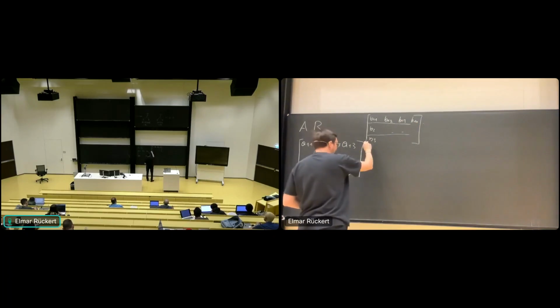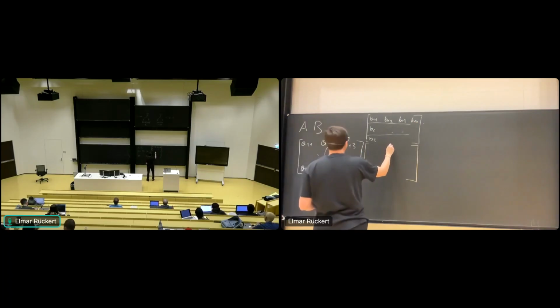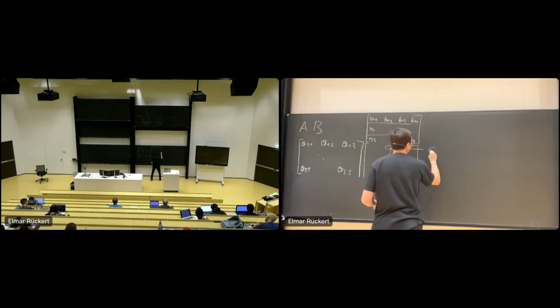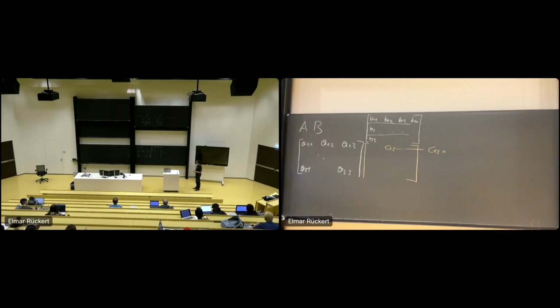And if I want to compute now this product for some element, for instance, C12, then C12 is given by what? Tell me.